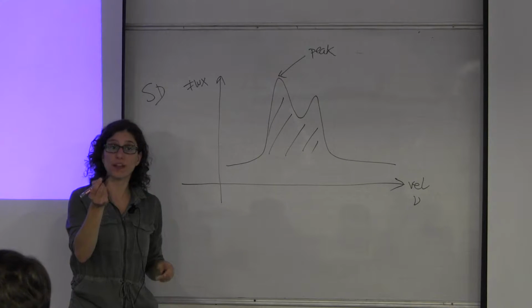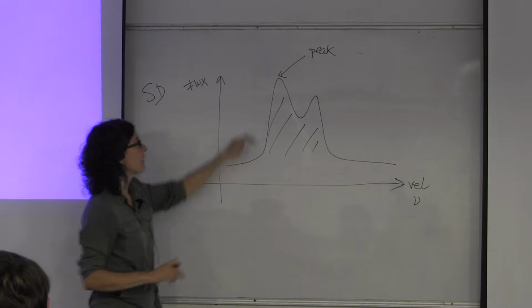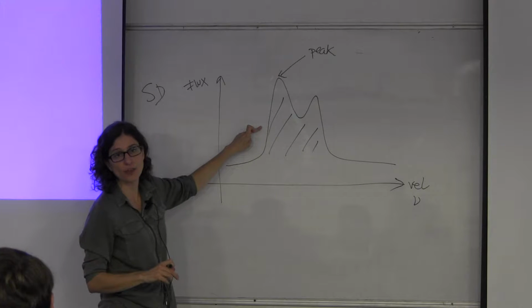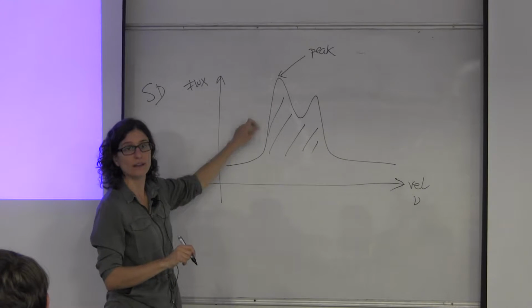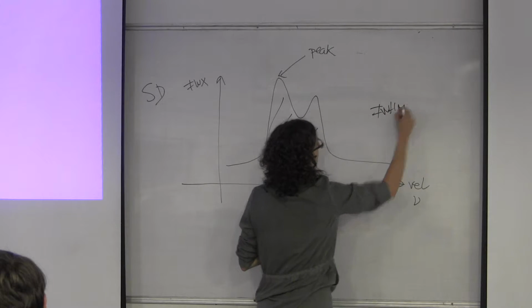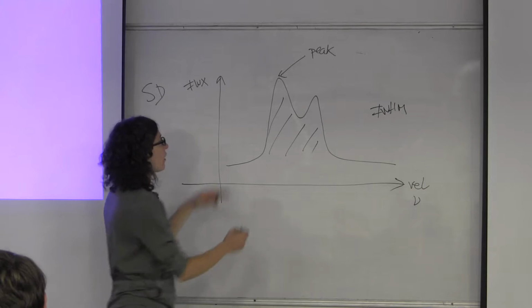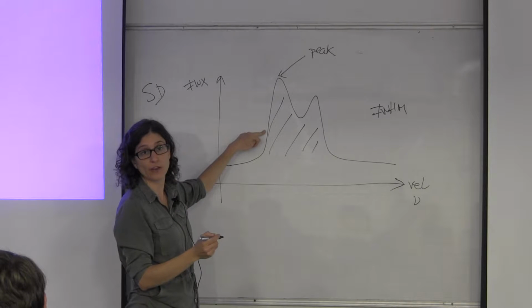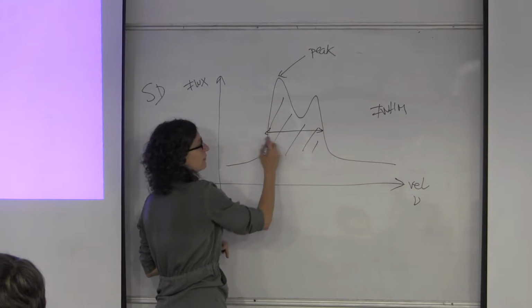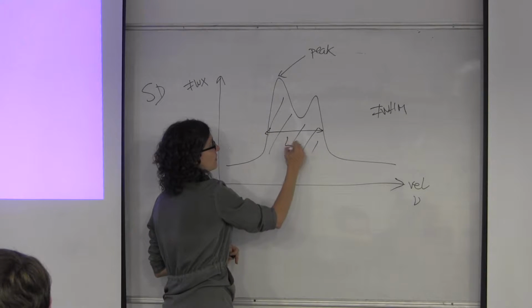And then to measure the width, they measure the peak and take the full width at half maximum. So they go to 50% of the peak, and then they measure this is the line width.